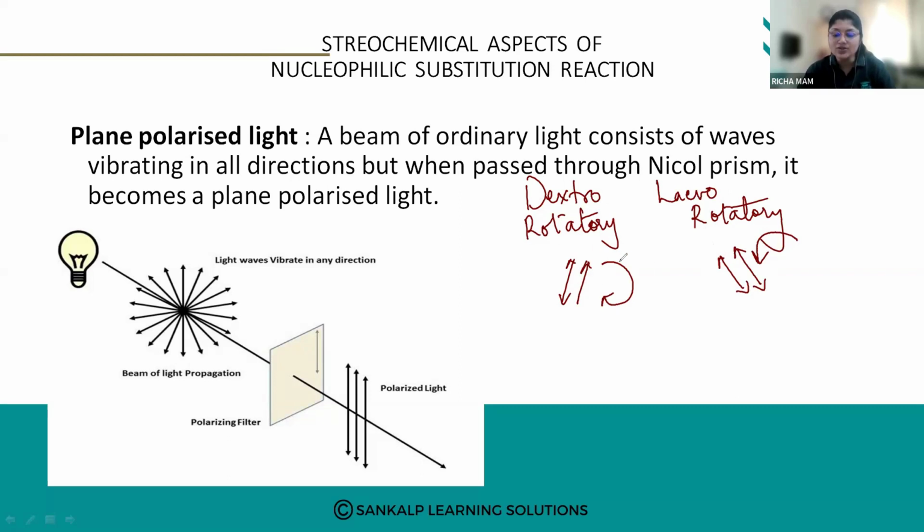Now, the compounds which rotate the plane polarized light towards the right side: this plane polarized light vibrates in one straight direction, and if it rotates to the right side, then it is called dextrorotatory. Dextrorotatory substances are also called d-form substances.